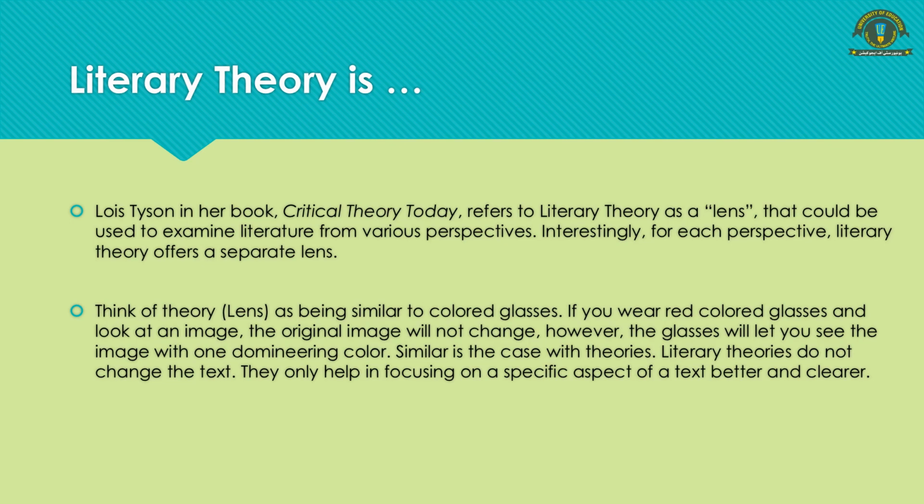Theories bring specific hues and colors along with them. And when you interpret or understand the text by applying those theories, those specific colors and hues help you in looking at the text from a specific perspective or from a specific ideology.